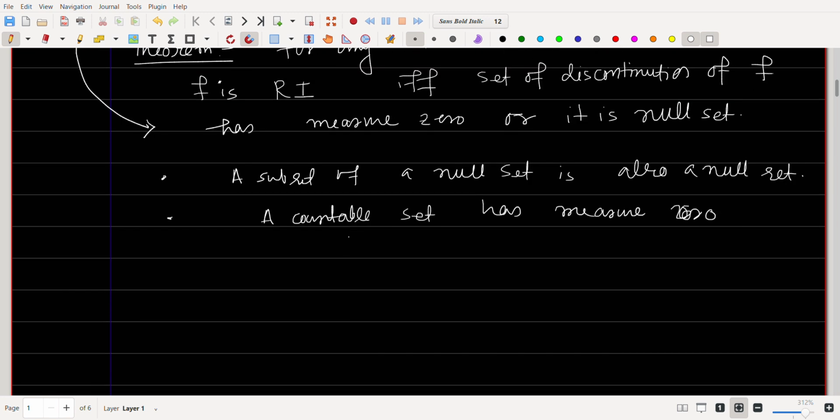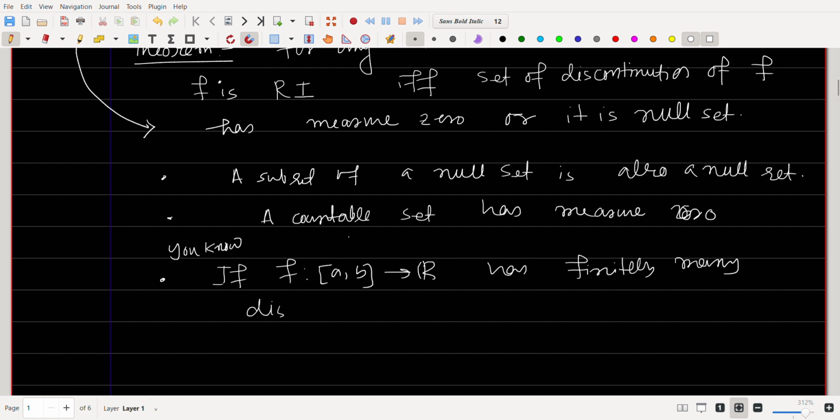Let's now give some examples of Riemann integrability. First, you know that if f from [a, b] to R has finitely many discontinuities, then f is Riemann integrable. That is equivalent to showing that a finite set has measure 0, or a finite set is a null set.